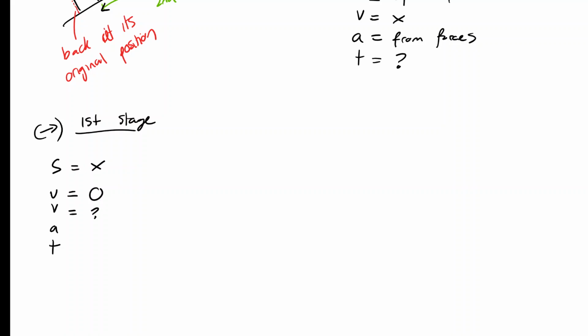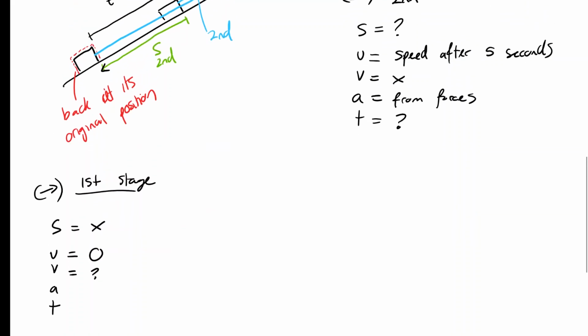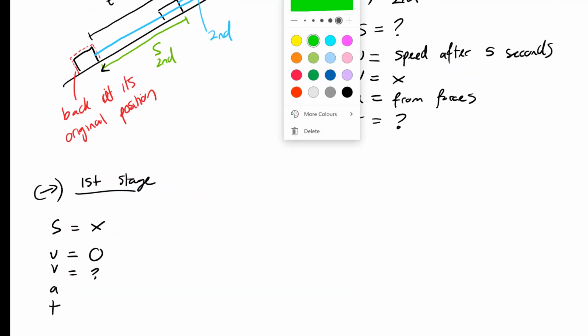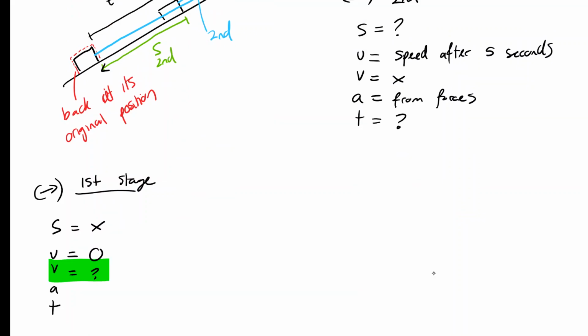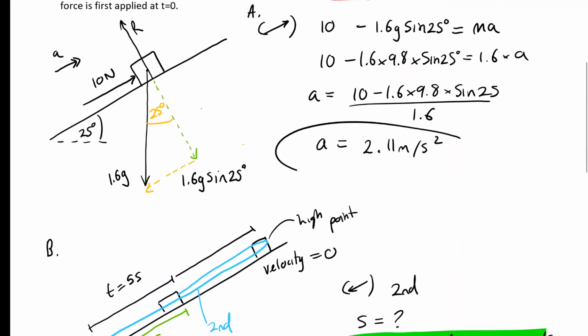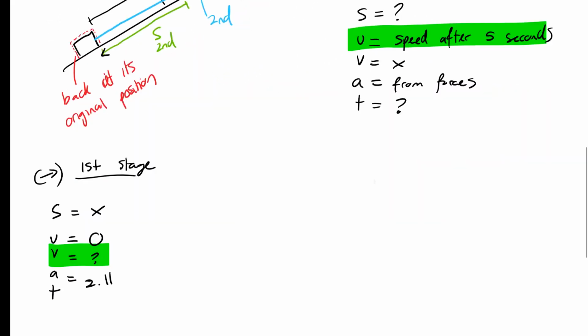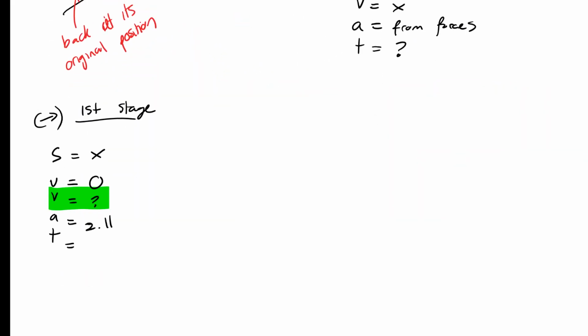V, we would like to know, because the speed at which this ends the first stage is the same as the speed at which it starts the next. The acceleration here is 2.11, because in that first stage the 10 Newton force is applied, so the value we got back here does apply to that stage. Okay, the time we're told to end the problem is 5 seconds.